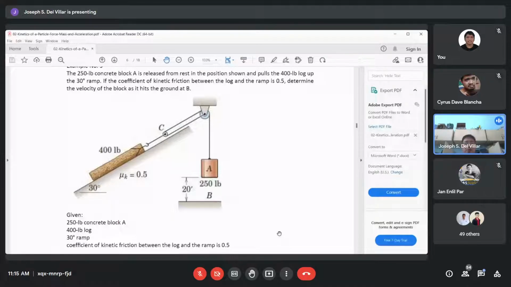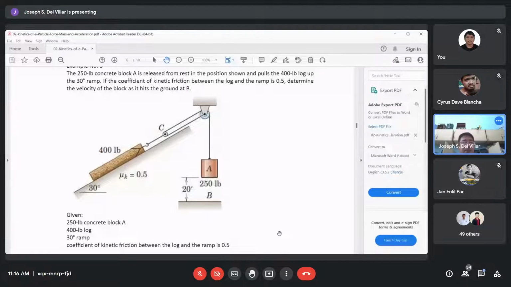Okay, so this time we deal with English units, US customary units. On the figure, there are two bodies, a block and a lug.